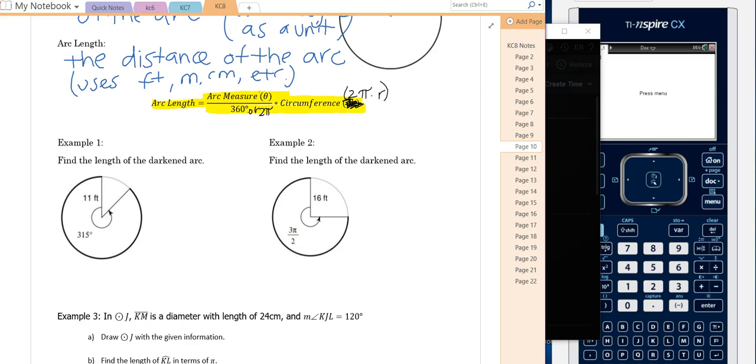So let us go ahead and try to solve some of these. The first one says, find the length of the darkened arc. We do not know what that arc length is, but we're going to use this formula. Our arc length is equal to the arc measure on the top, which is this right here, 315.